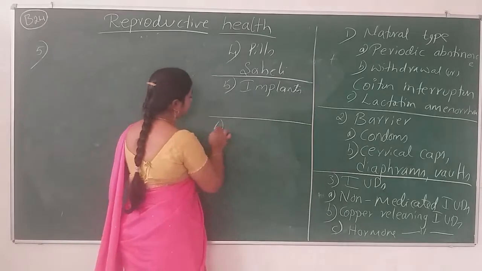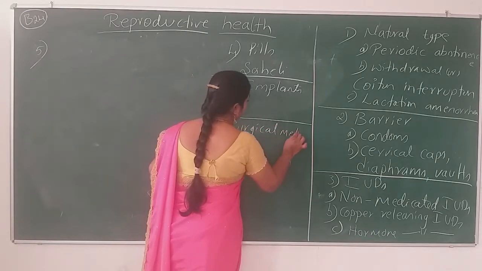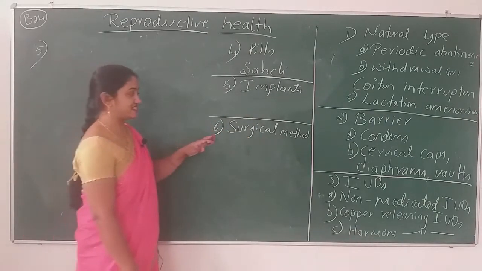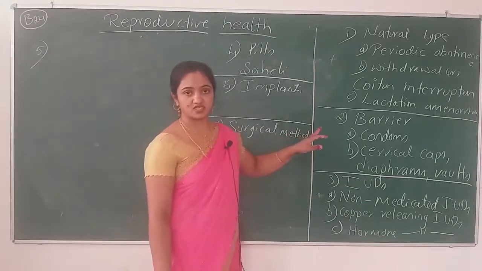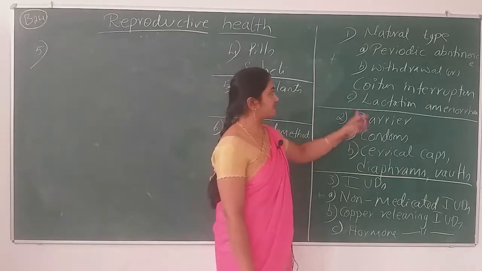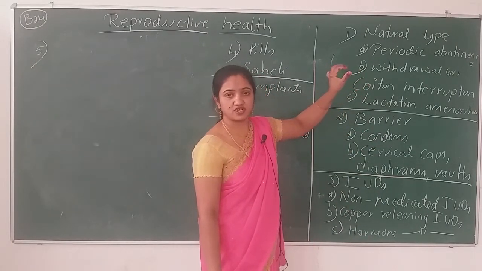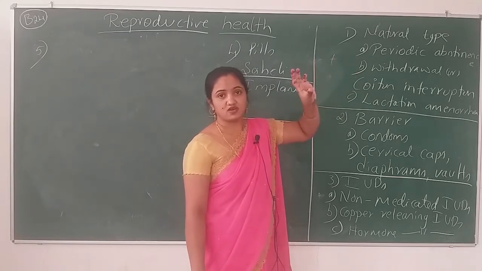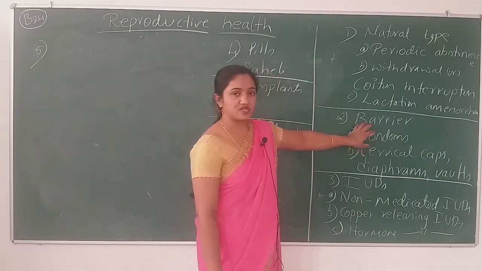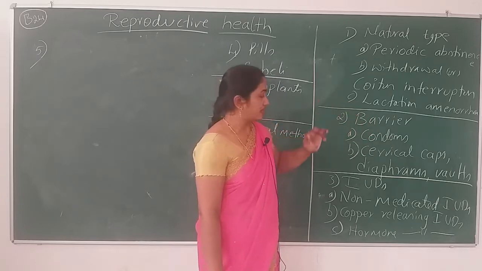And the sixth one is the surgical method. The surgical method is the safest and permanent contraceptive, but the others are temporary. The natural type is only for a short duration, during which fertilization does not occur. Barriers are measures that have to be worn during intercourse.